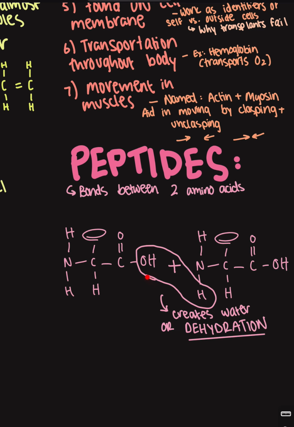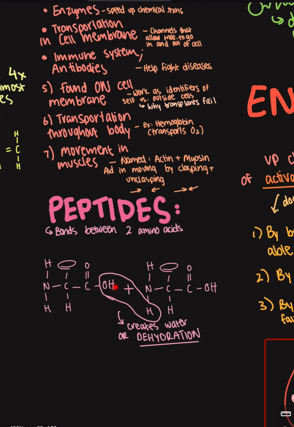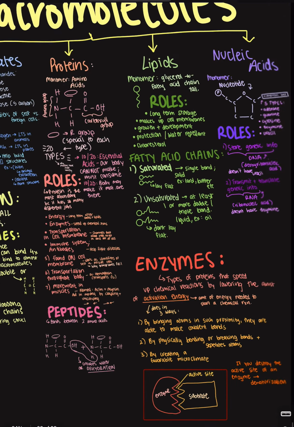Well, a hydroxide of one amino acid will bind with a singular hydrogen in the amino group of the other amino acid, and because you have one O and two H's, this creates water, or dehydration. And then after that occurs, these two amino acids will be bonded together.